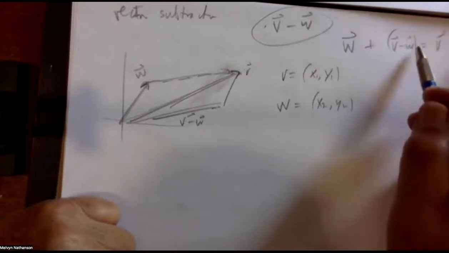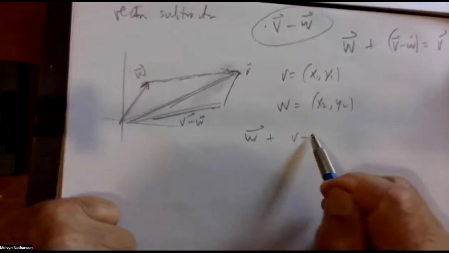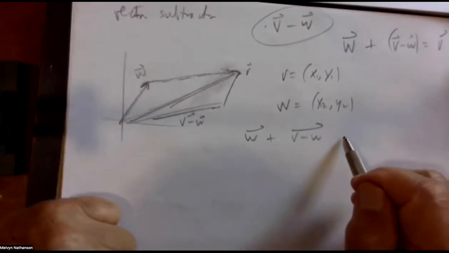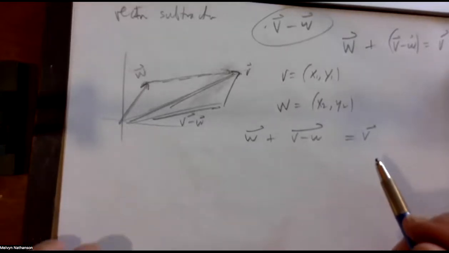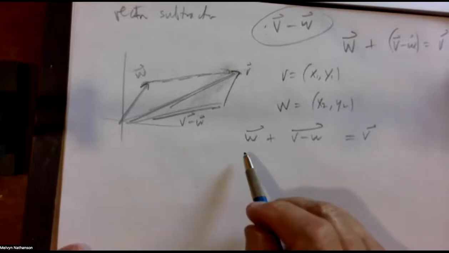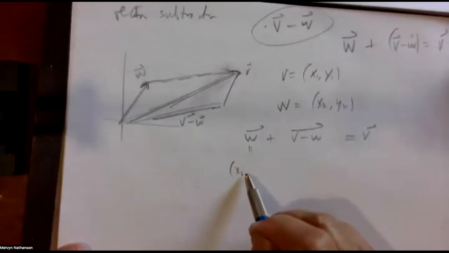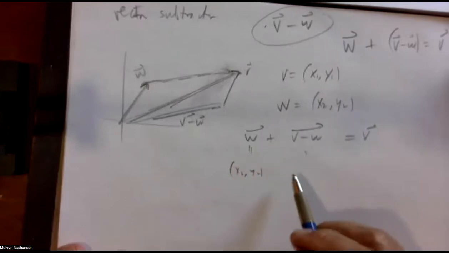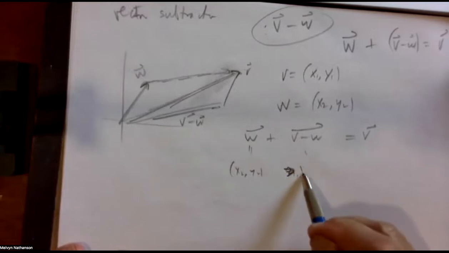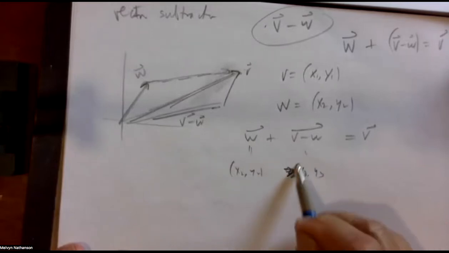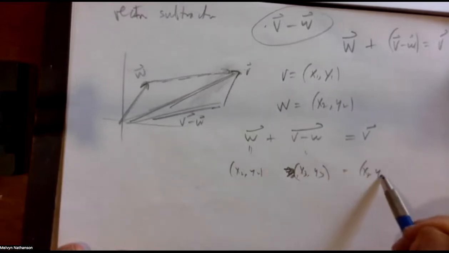And we want to satisfy the equation W plus (V minus W) equals V. So suppose this has coordinates x3, y3, and this has coordinates x1, y1.